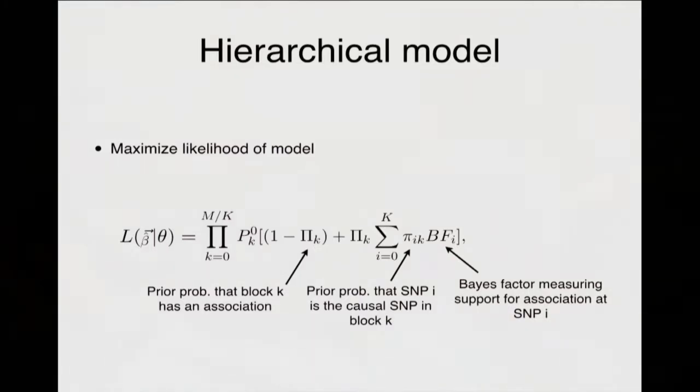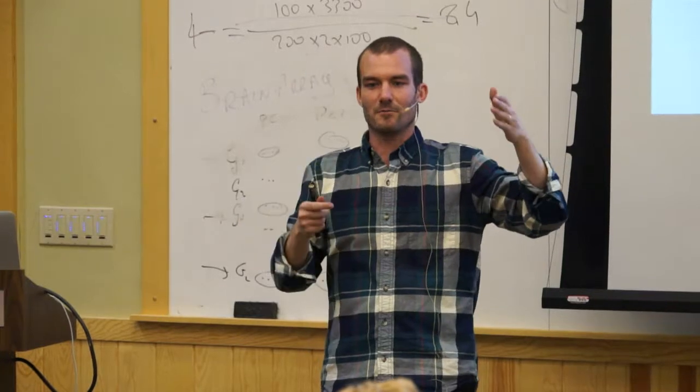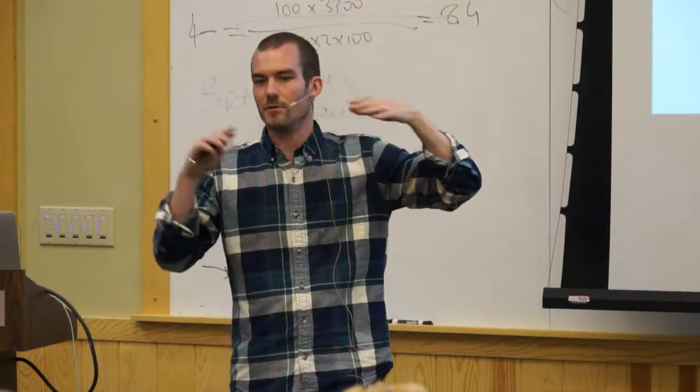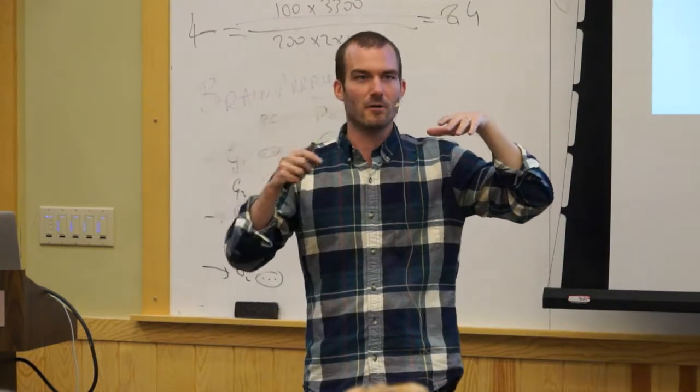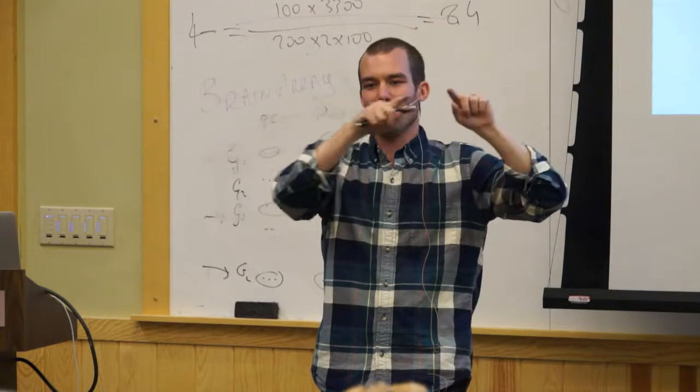So it's saying, imagine I took a random SNP and asked you, do you think this is the causal SNP? Let's say there are 5,000 SNPs. Maybe you would say 1 out of 5,000. Your probability is that it could be any of those 5,000 equally, if you don't know anything else. But let's say you know that the SNP in the middle is non-synonymous. So maybe you don't want to call all of them 1 over 5,000.